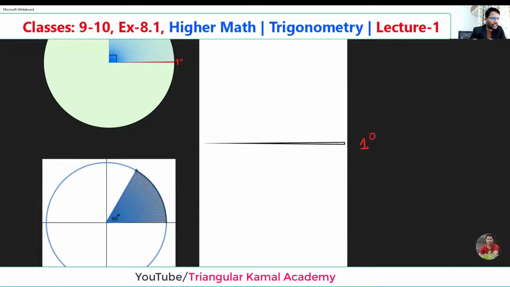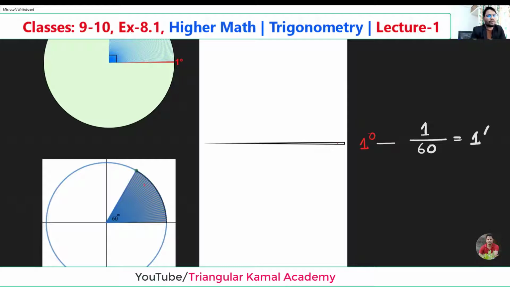Now if we divide this 1 degree again by 60, we will get these portions. Basically these portions will be 1 minute.